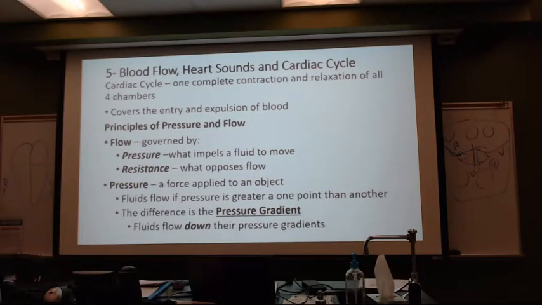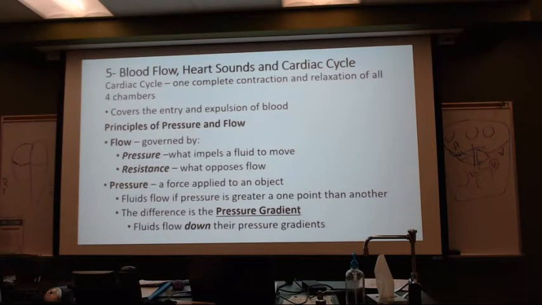Now, as blood is returning to the heart, okay, I've got some valves in between my atria, my ventricle. The valve is my tricuspid, or my right atrioventricular valve.